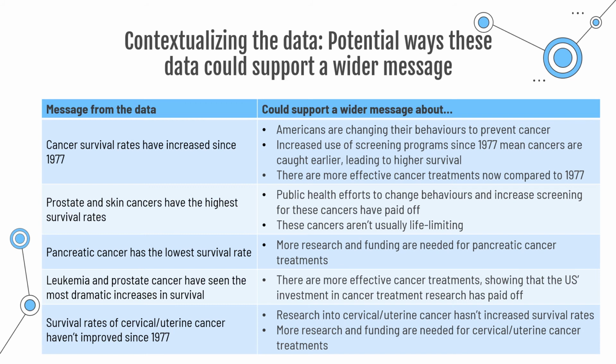So this message could support a wider message saying that the research into cervical and uterine cancer hasn't led to an increase in survival rates, and that more research and funding are needed for cervical and uterine cancer treatments. So I hope this slide outlines that there are, firstly, various messages that one can glean from the same data set, but also that the way that these messages are framed and integrated with other pieces of information can support telling different stories with the data.